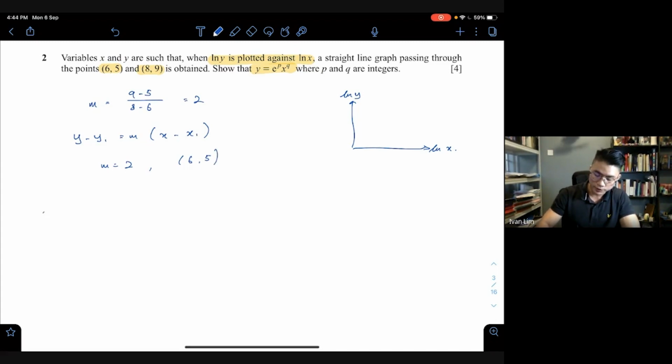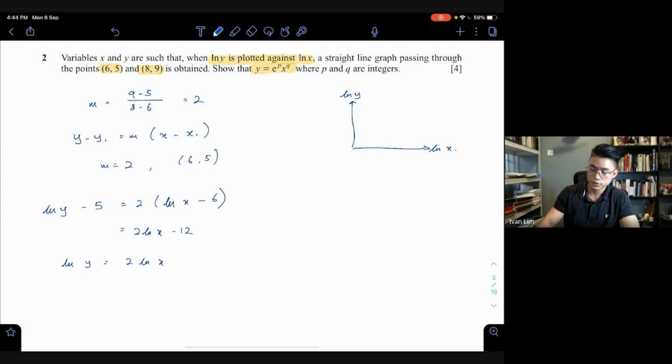So your y will be ln y minus 5 equals 2 times (ln x minus 6). Because the straight line graph now is ln y against ln x. Open up the bracket: 2 ln x minus 12. Ln y equals 2 ln x minus 7.